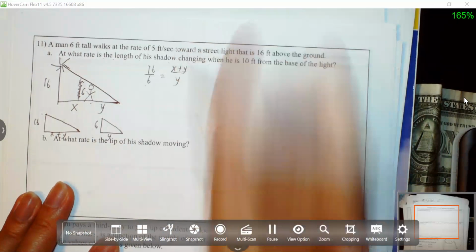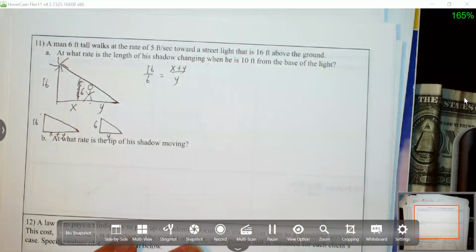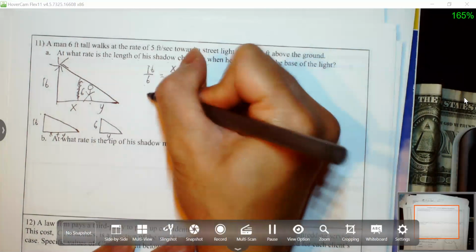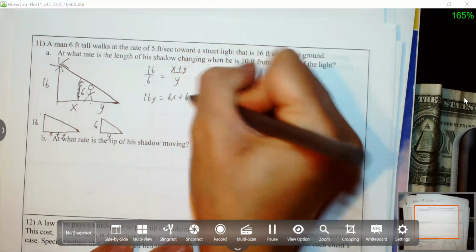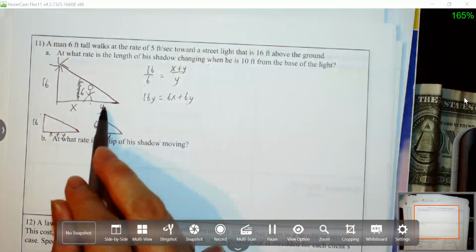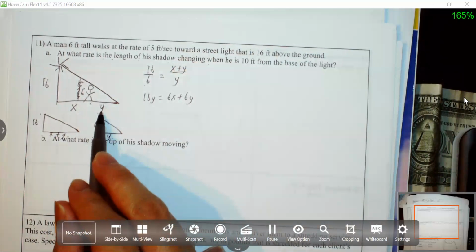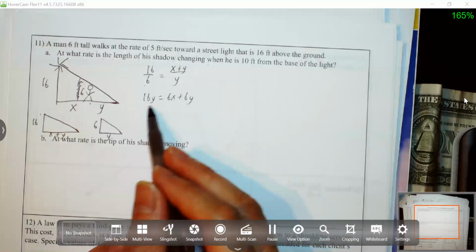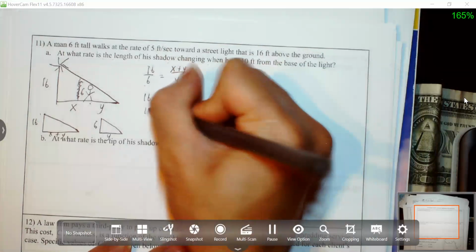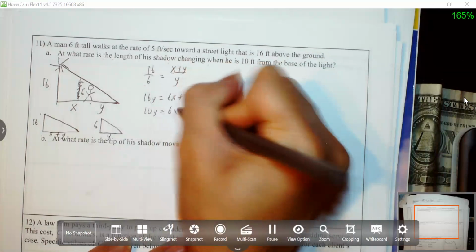Now all you have to do is cross multiply. So this is going to be 16y is equal to 6x plus 6y. Since we want to know the rate that the shadow is changing, that is y, so we're going to solve for y. If I subtract 6y from both sides, I get 10y is equal to 6x.